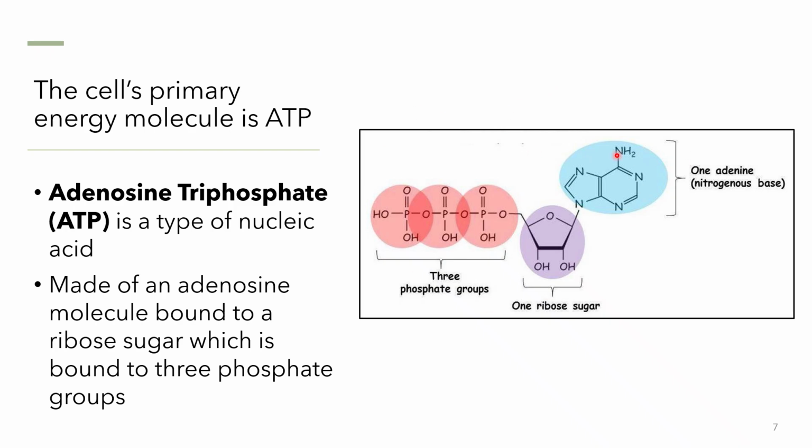So this is the chemical structure of the molecule here, and I want to just break it down simply. We're not going to need to know every single atom, but you have an adenine here, which is a nitrogen base, same as what you might have learned about DNA in previous courses. And you have a sugar right here, in this case a ribose sugar. And then you have 3 phosphate groups.